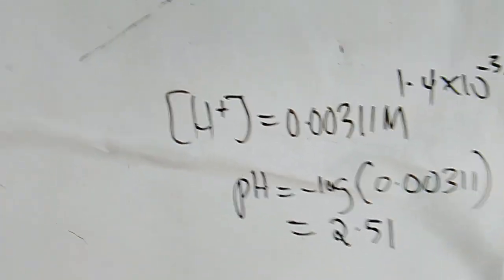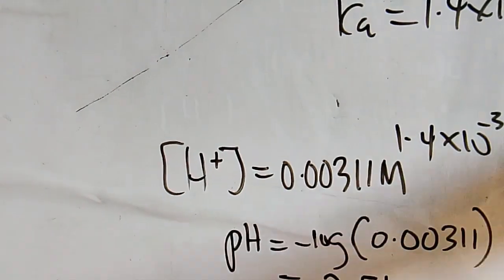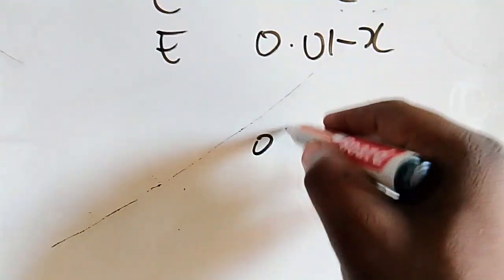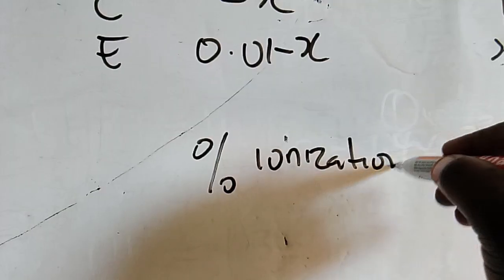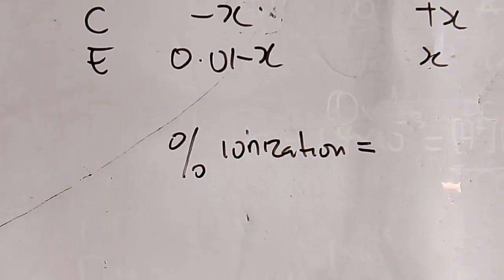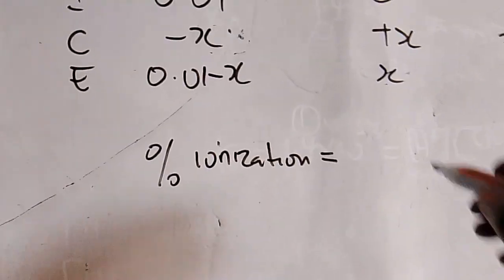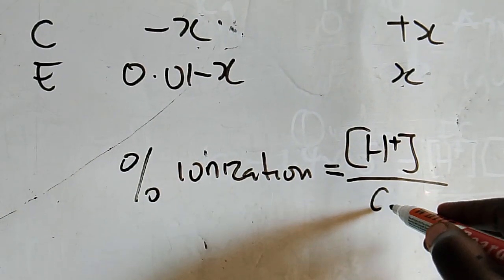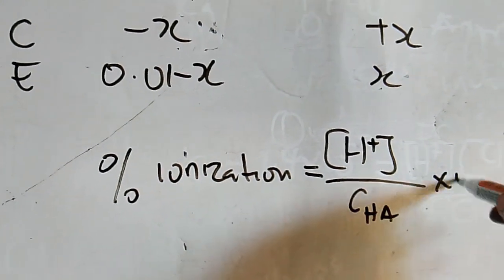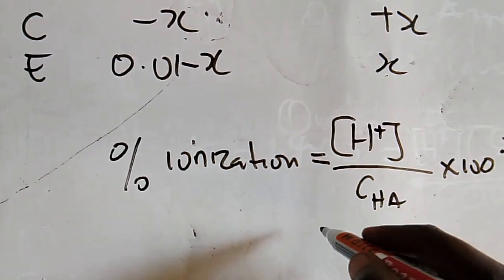Then let's check the percent ionization. Percent ionization or dissociation is one and the same. So percent ionization is equal to the hydrogen ion concentration over the concentration of the acid times 100%.